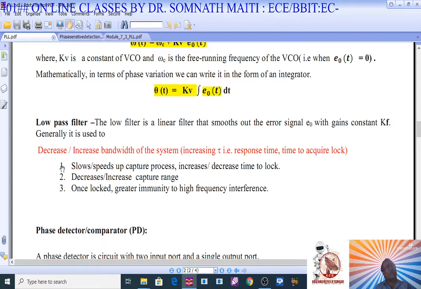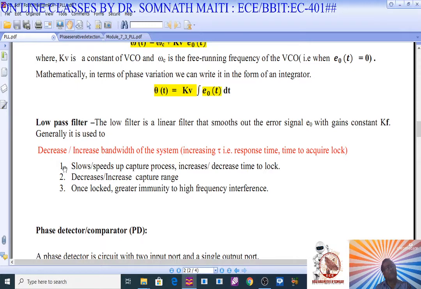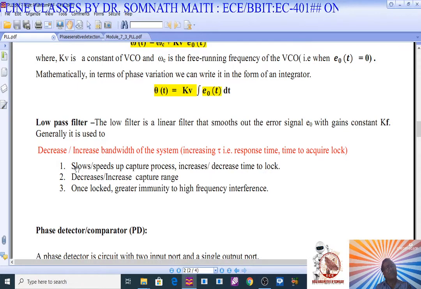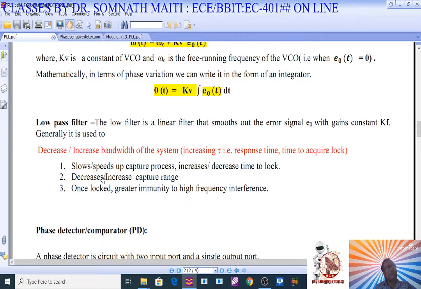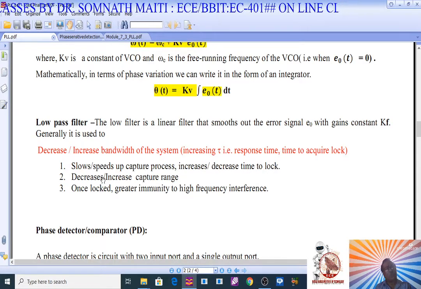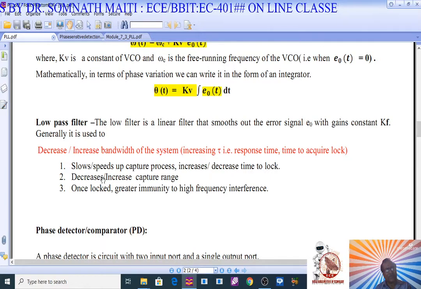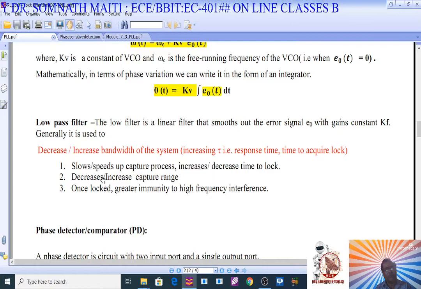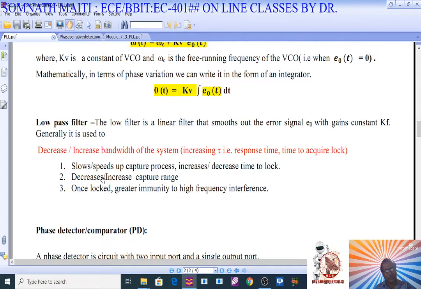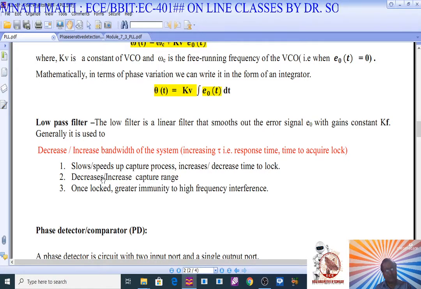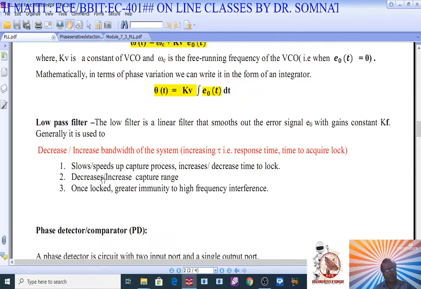Now if you decrease the bandwidth of the low pass filter, in that case the capturing process will be slowed down. That means the police is not fit enough, so your speed is slowed down. It may not be possible to capture the incoming signal frequency.